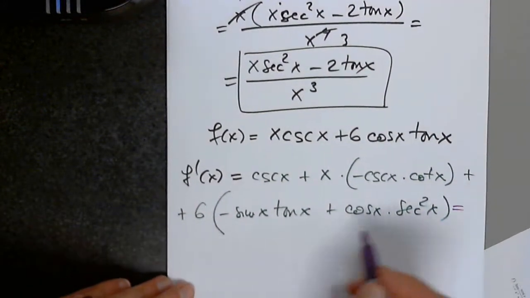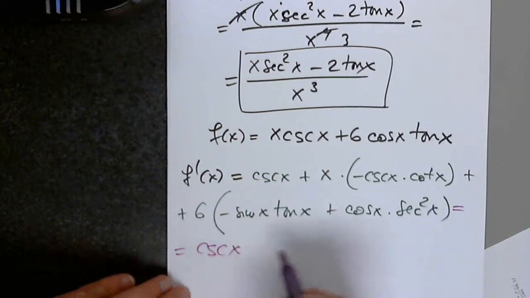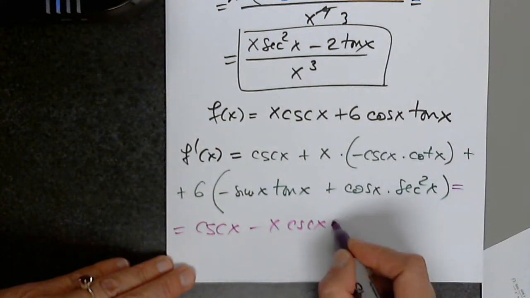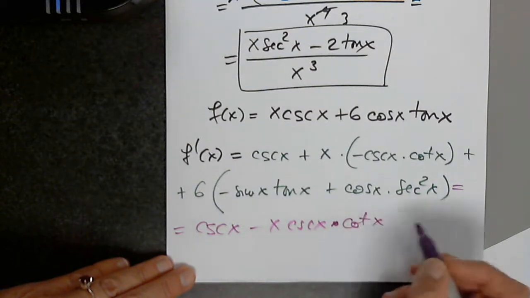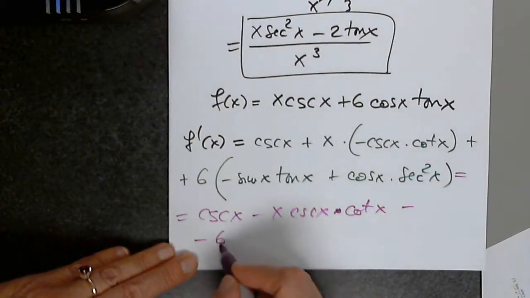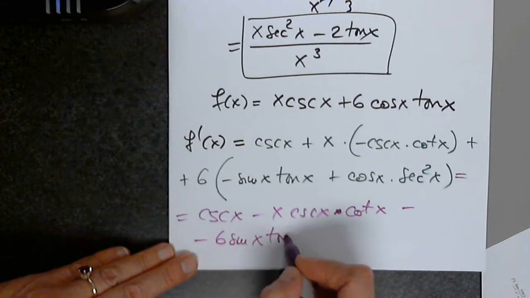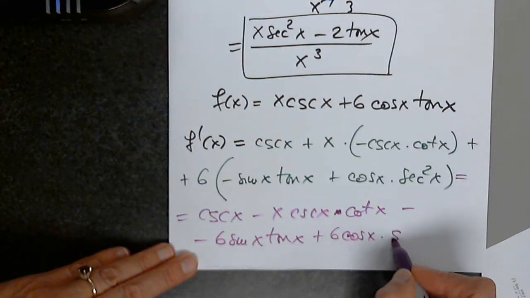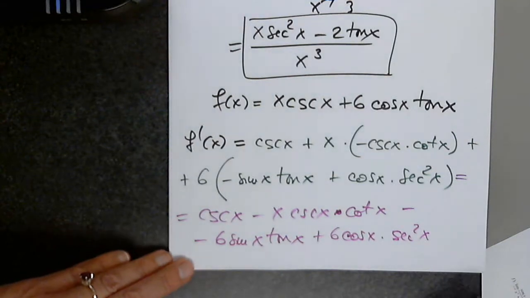So let's see if we can do anything. Cosecant x minus x cosecant x times cotangent x minus 6 sine x tangent x plus 6 cosine x secant squared x.